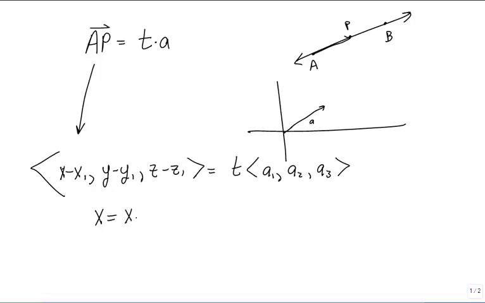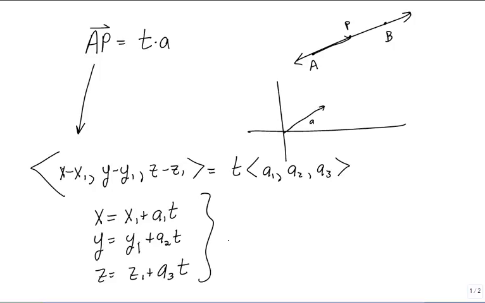We get x equals x1 plus A1t, y equals y1 plus A2t, and z is z1 plus A3t.